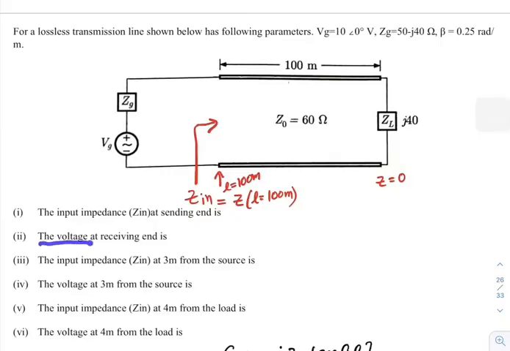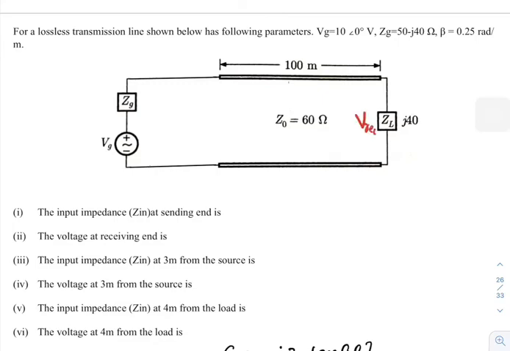The second question is the voltage at the receiving end, which is available here. Let us first find the voltage at the sending end, and say this is Vin.